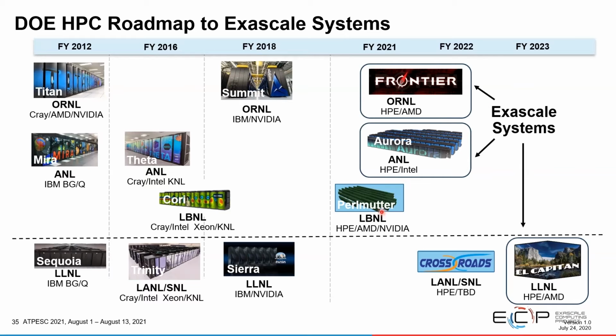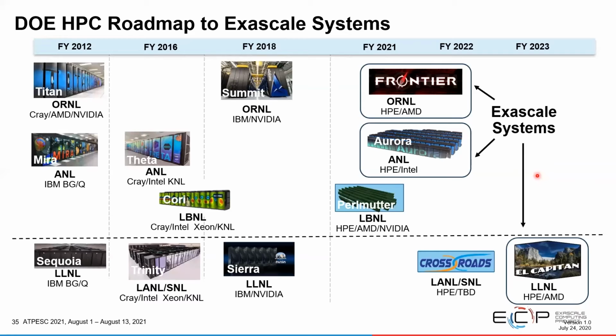Perlmutter is already there actually, but it's a pre-exascale machine, and it's not openly accessible. I think it's more for experimental use right now. Frontier's first installation is supposed to come this year, so it's coming soon, and all the others will come with El Capitan, the latest.